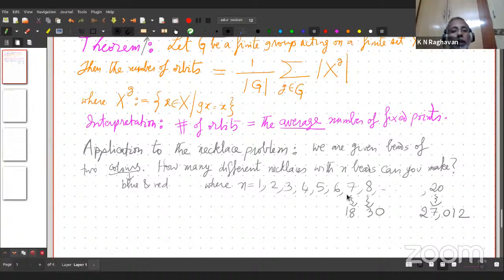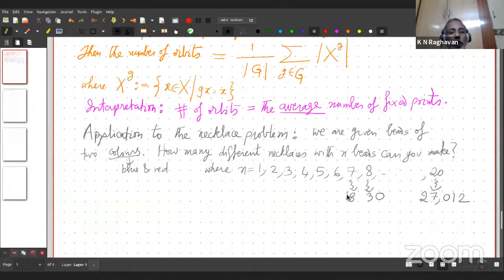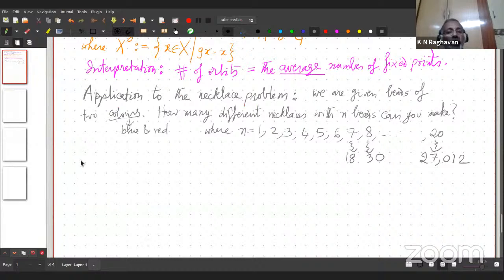Okay, let's see how to apply this. Let's do it with n equal to 8. I want this answer 30, so I'm going to get that using the orbit counting lemma. So recall the following. How does the orbit counting lemma apply to the necklace problem? We had already seen this, even in the first lecture.